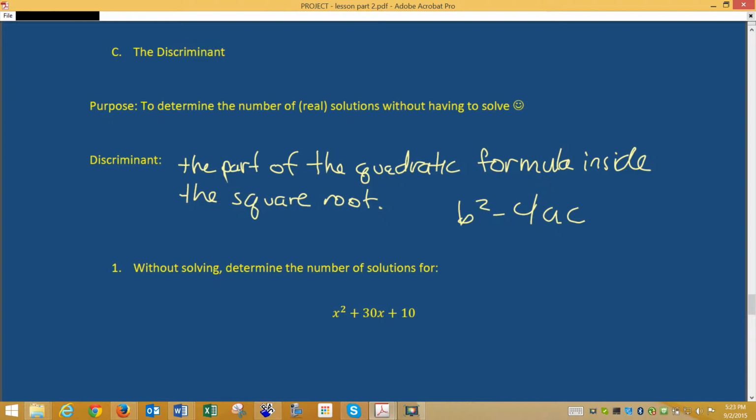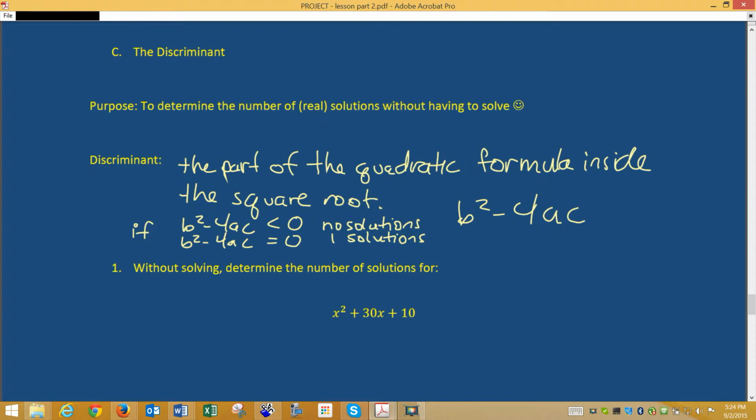So if b squared minus 4ac is negative, so is less than 0, which is what we saw in that last example from the last section, then there's no solutions because we can't take the square root of a negative number. If b squared minus 4ac ends up equaling exactly 0, there's one solution, because that plus or minus the square root of 0, well, adding 0 or subtracting 0 is exactly the same thing.